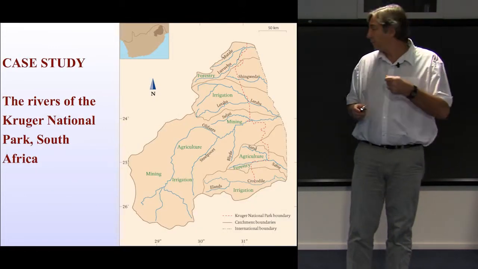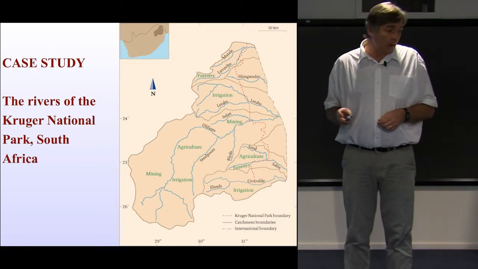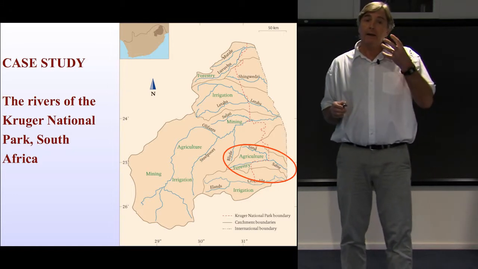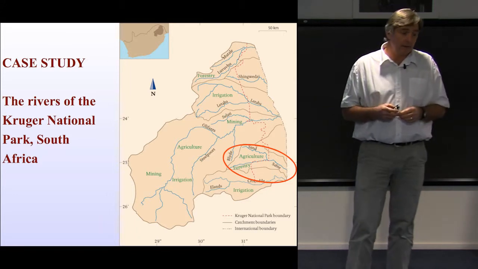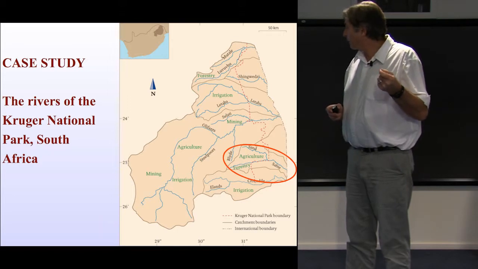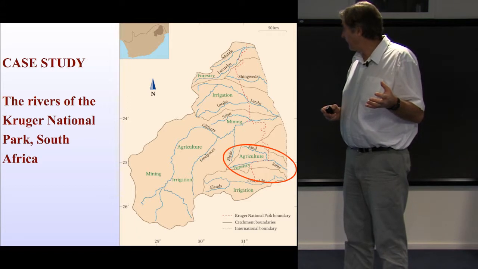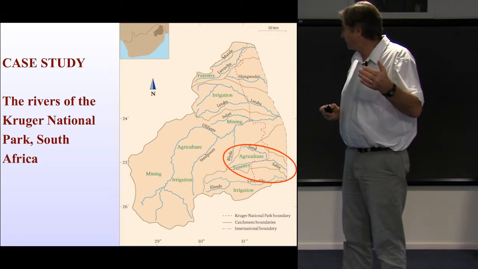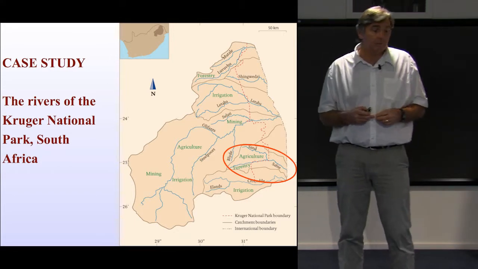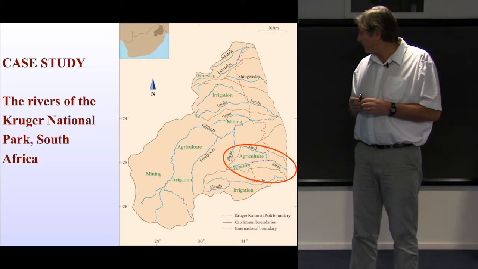All right, so now I want to go a bit further north to the rivers of the Kruger National Park, South Africa, where we had a 10-year research program looking very largely at the consequences of flow changes in the rivers which all flow across the Kruger Park, which rise outside the Kruger Park, to the west of the park, and flow across the park, which is a very north-south elongated system, and then flow across the border on the right there into Mozambique.